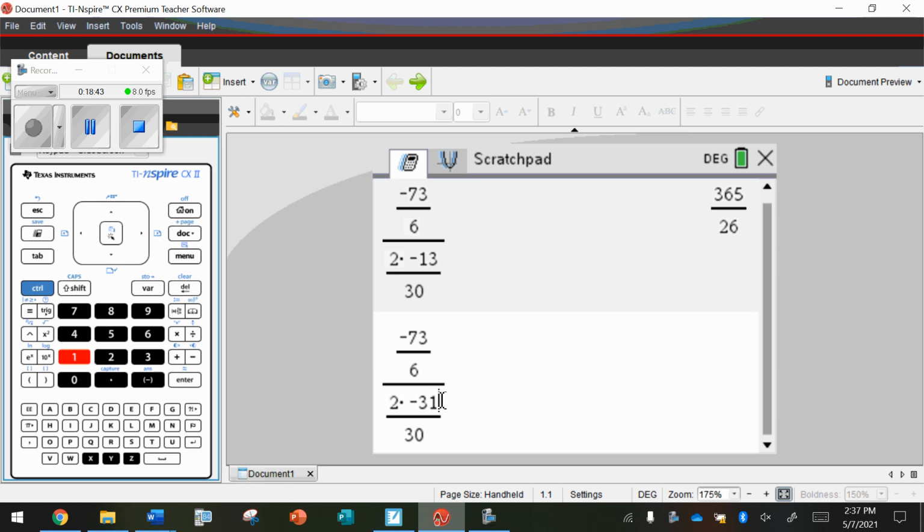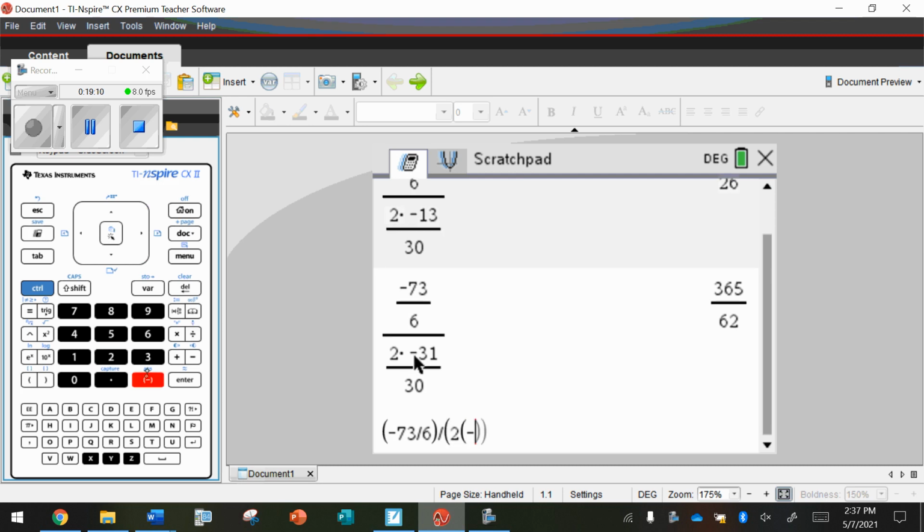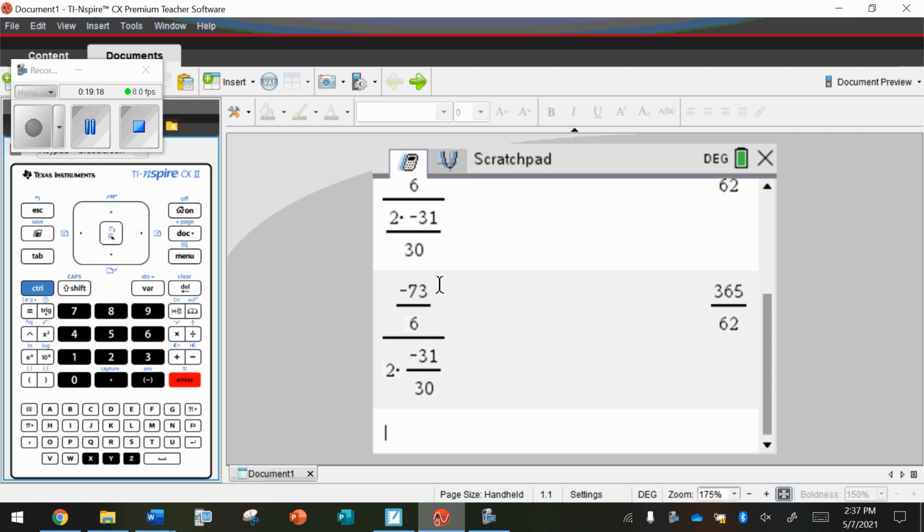And now look, if you use parentheses versus if you don't use parentheses around the denominator, it's still okay because it's multiplication. So what I mean by that, if I did the numerator, 73 divided by 6, and that's negative, and then divided by parentheses 2 parentheses negative 31 divided by 30, it looks a little bit different.